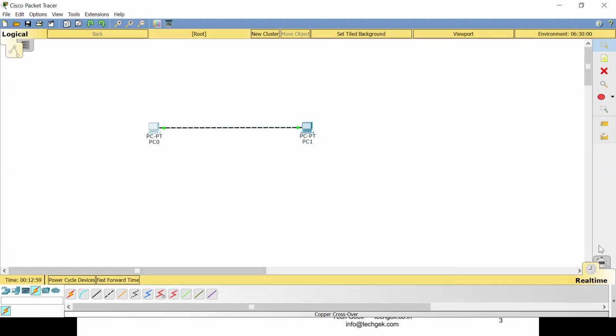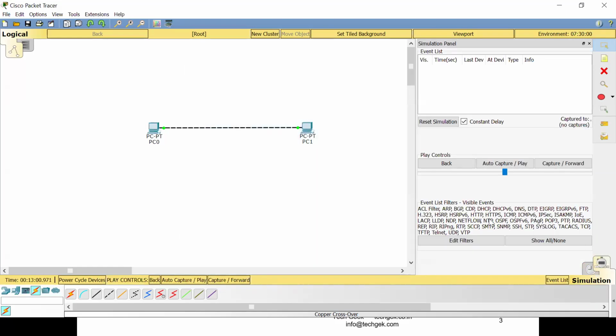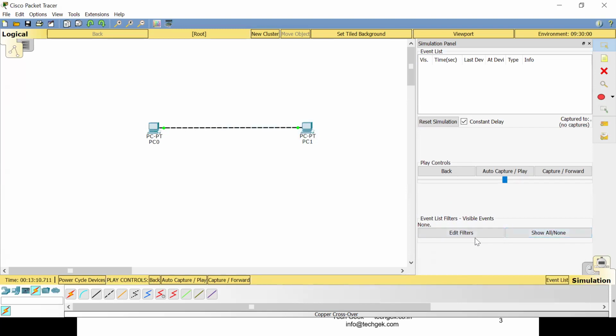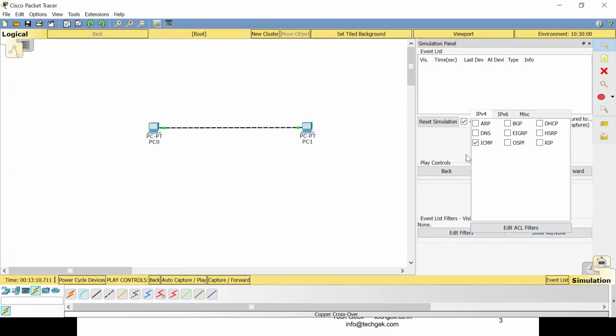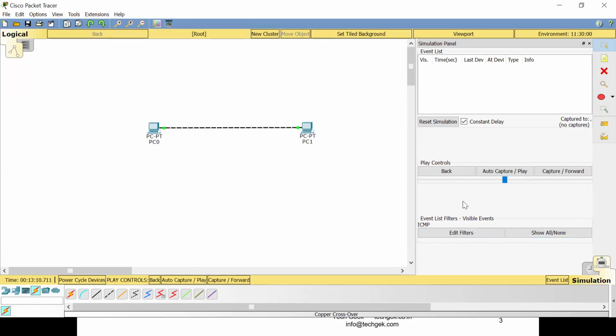If I want to send a packet, let me use one of the protocols, ICMP. I'll assign ICMP here and send one packet from this computer to that computer. What type of transactions is taking place here?